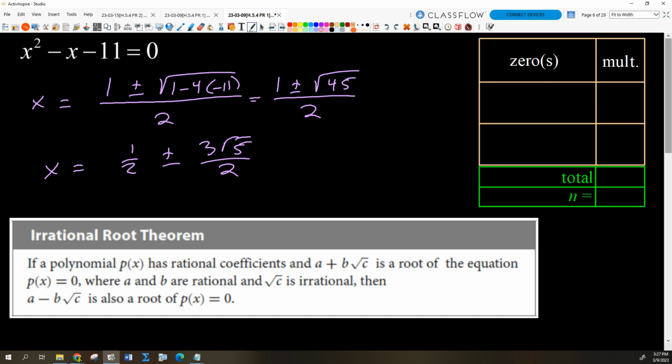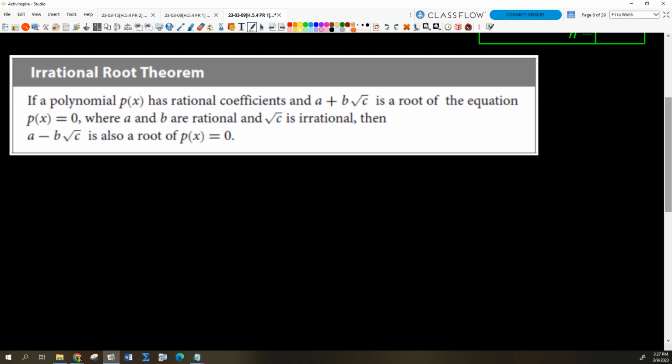That makes sense? Another way of thinking about this, maybe easier to visualize: our answers are going to look like a rational term, not real, I mean rational, plus an irrational term, and it's irrational because it has a radical in it.